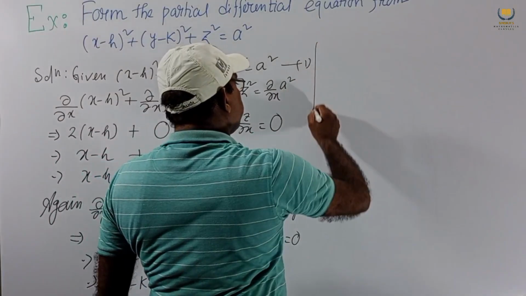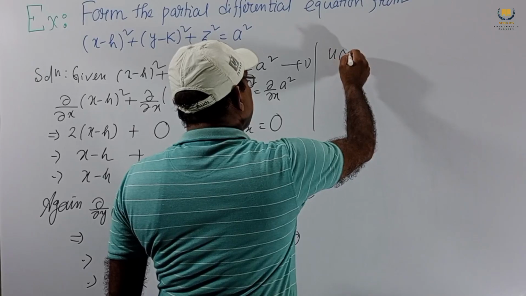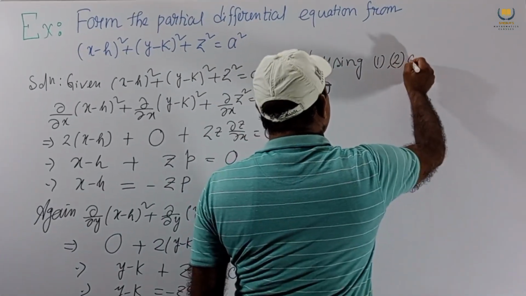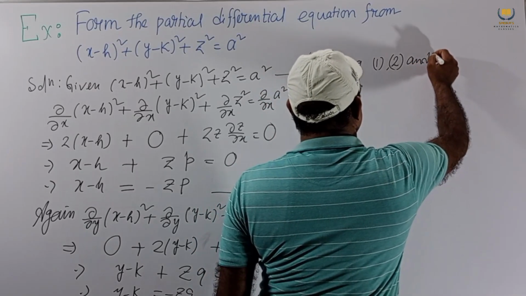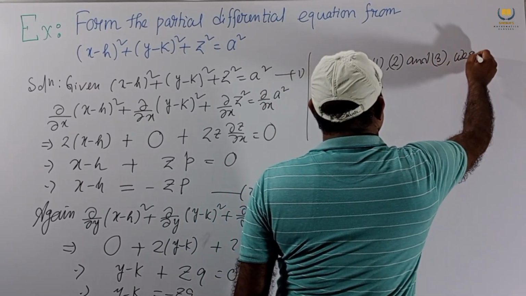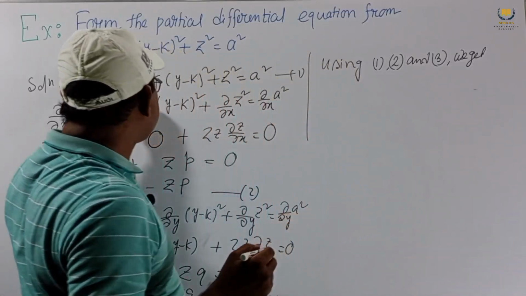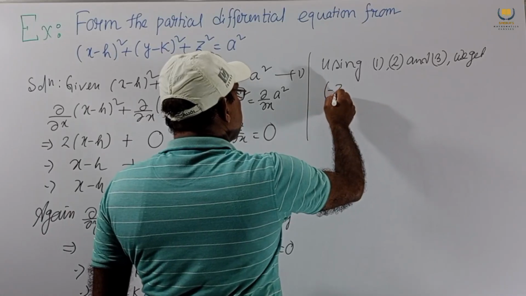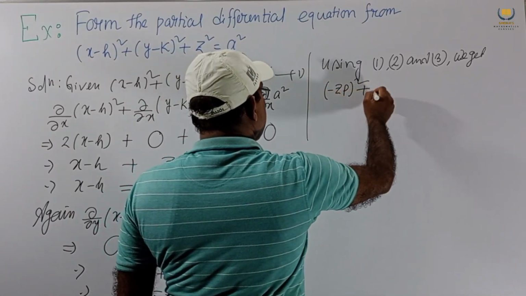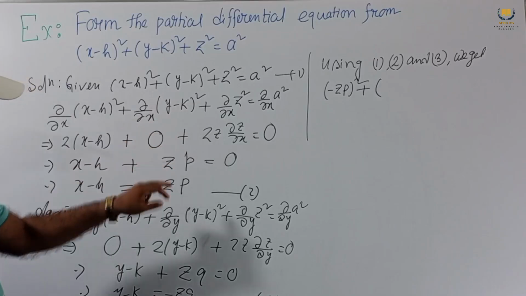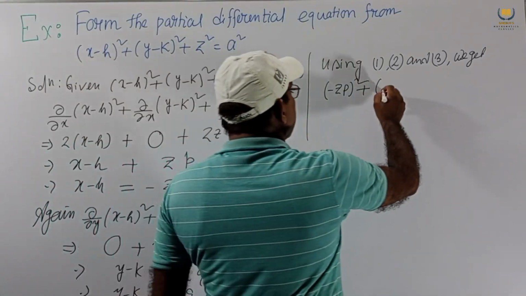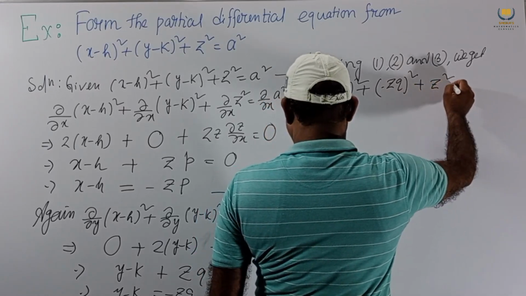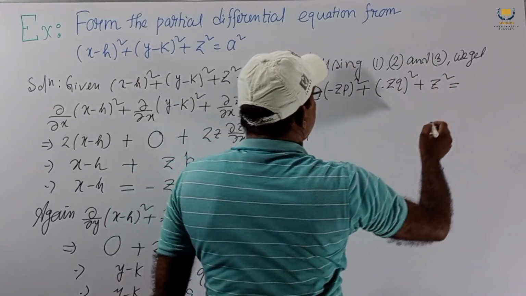So using 1, 2 and 3, we get, x minus h value is minus zp whole square, and y minus k is minus zq whole square, plus z square equal to a square.